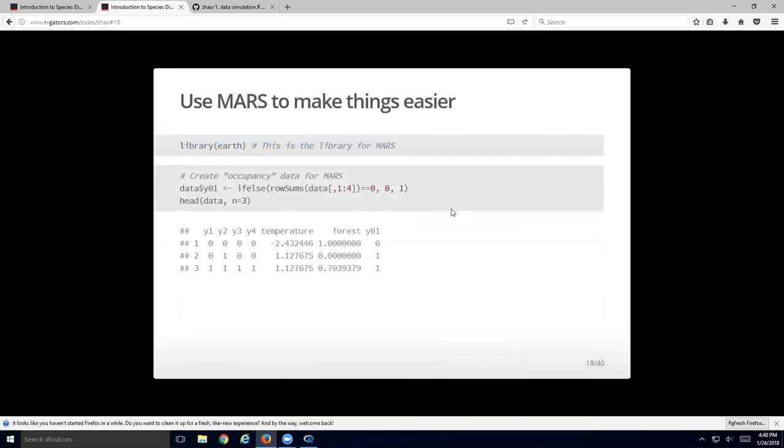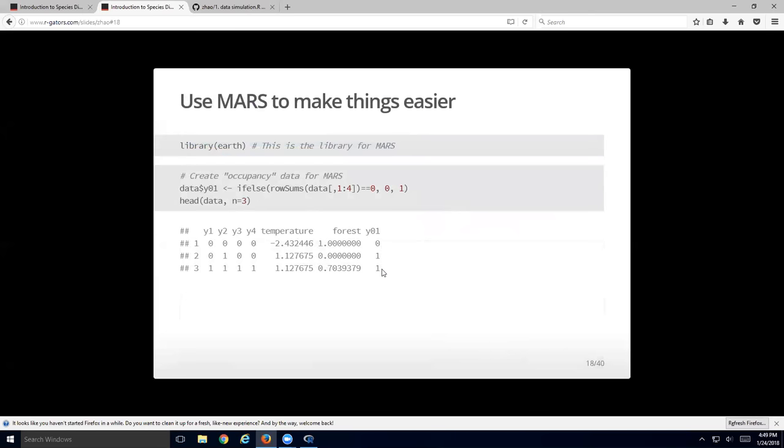Okay, next I will just use this library called Earth. But first, for the MARS model, I don't really use these four columns. Instead, I want to combine those into one occurrence observation. So what I do is that if the sum of these four is 0, then this last one will be 0.